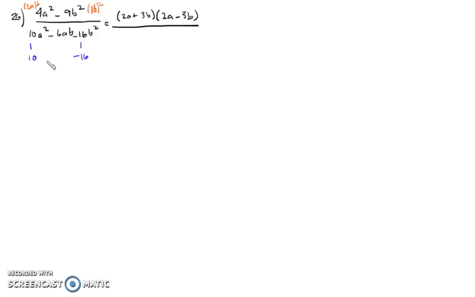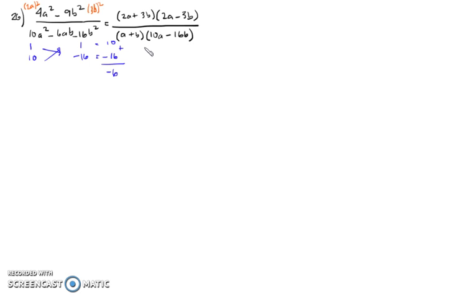Once I cross multiply this, this gives me negative 16, then this gives me positive 10, and when I add these, this gives me negative 6. So that's what I'm looking for. So the factors of my denominator are a plus b, then 10a minus 16b.